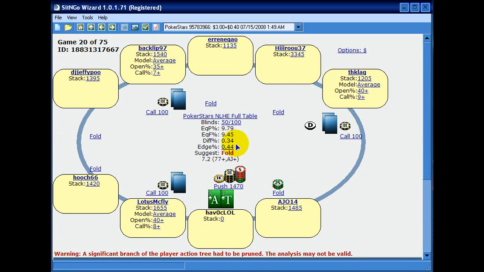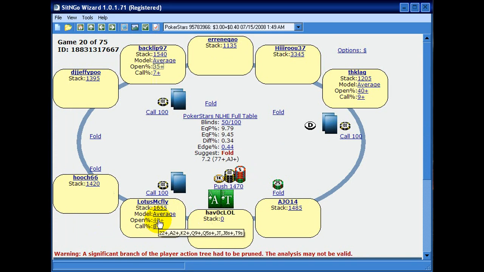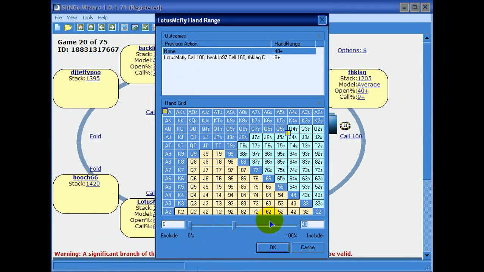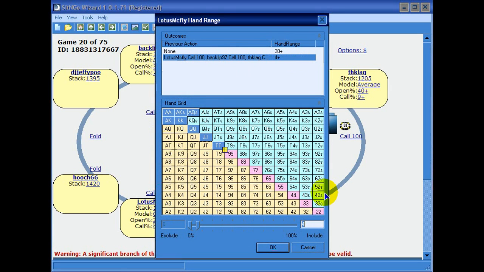This is definitely a plus dollar EV push, because once again he could be limping in with aces. He's probably not limping in this wide either. It's probably about 20% there, and he's not folding ace queen etc. to our push. So it's about 20% for a call here.